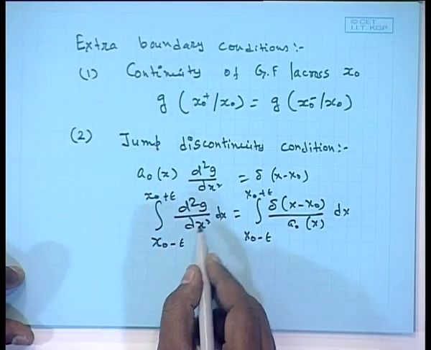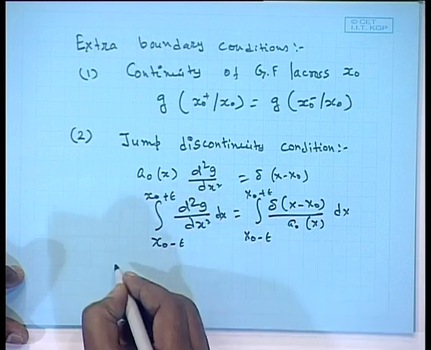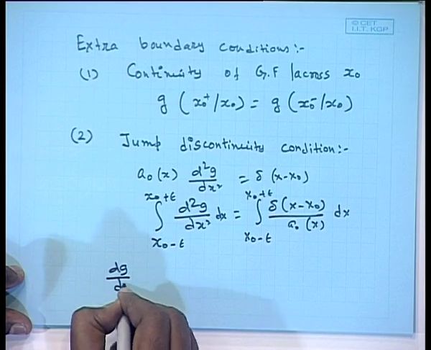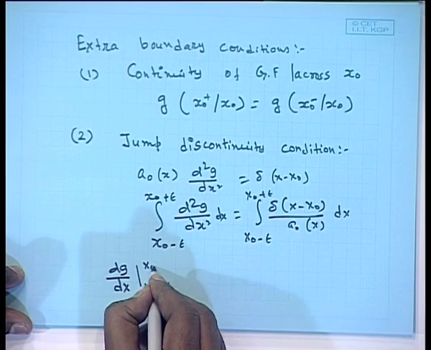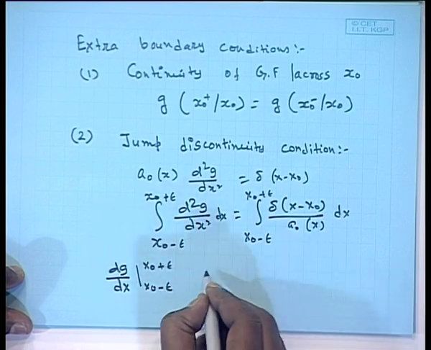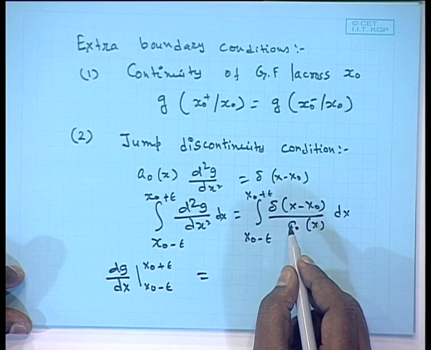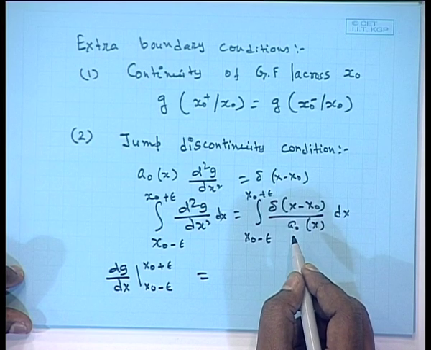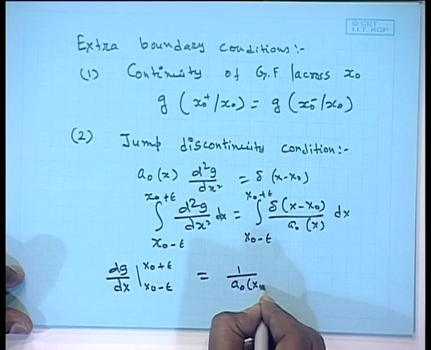The integration is dg dx, right. So, dg dx from x naught minus epsilon to x naught plus epsilon. And what will be this? This will be simply 1 over a naught x naught.